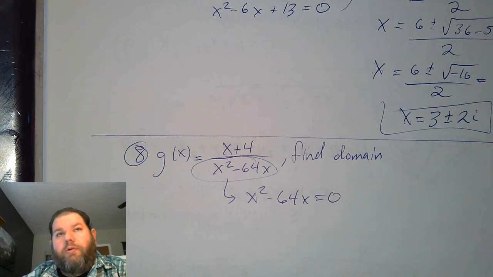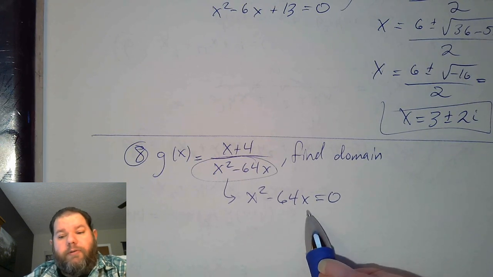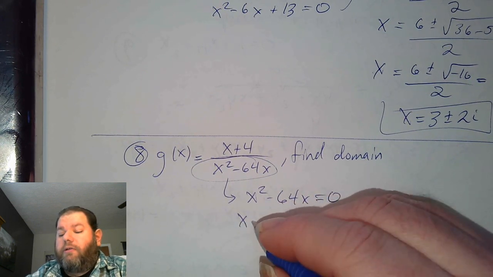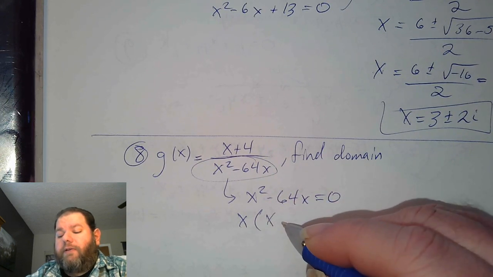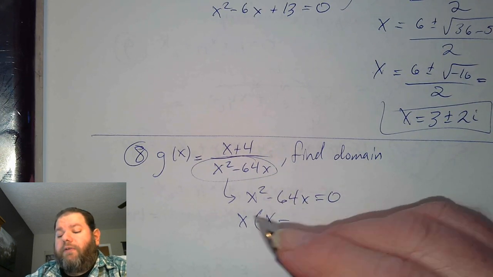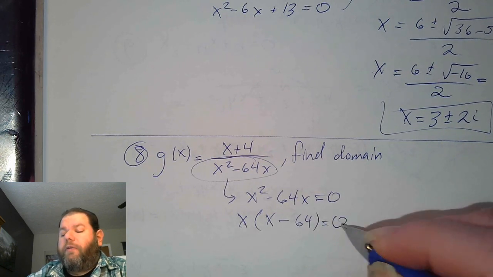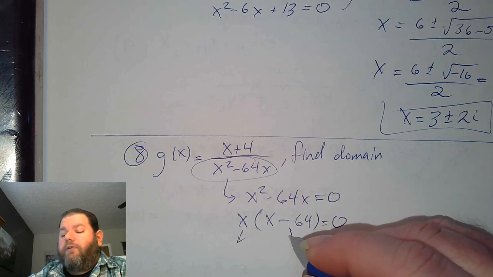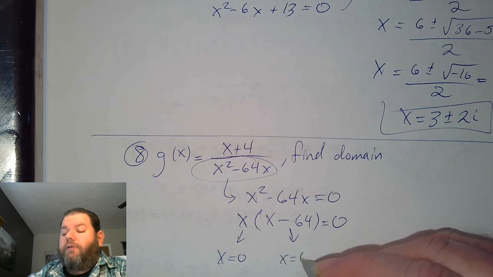Okay, well, how can we factor that then? Well, we have an x in common to both of these terms, so we would like to factor that out. X squared divided by x leaves x. 64x divided by x is 64. Okay, and then we get from there two solutions. We get x equals 0 and x equals 64.